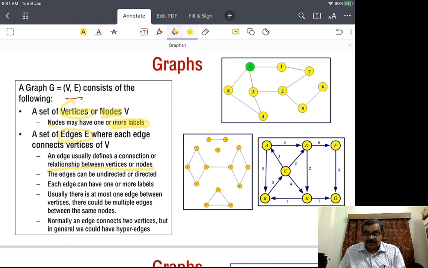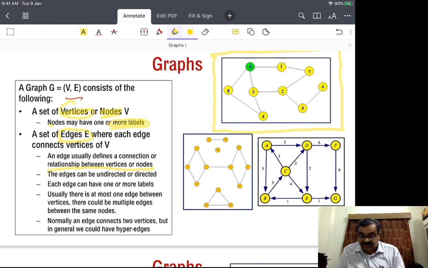For example, let us consider this example here. In this example, as you can see, we have got 9 vertices, 0, 1, 2, 3, 4, 5, 6, 7, and 8.